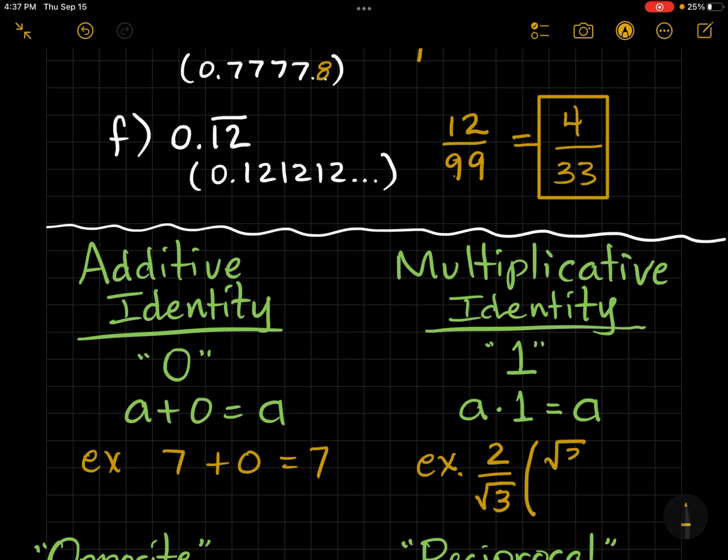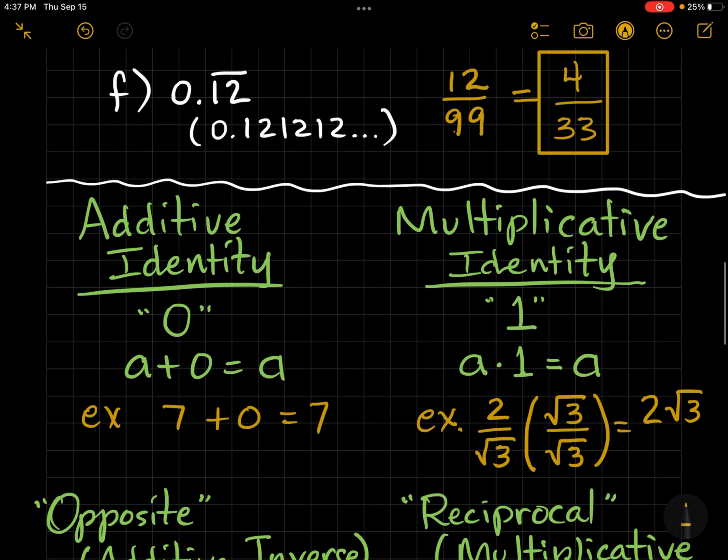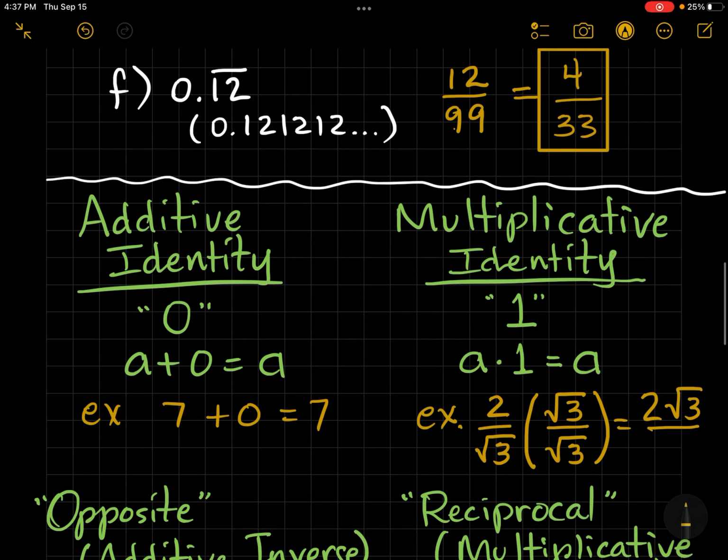But this one, I'm going to make it a little cute. So I get 2 radical 3, and on the bottom I have radical 9, which is just 3. See, 3 times 3, that's the square root of 9, which is just 3.